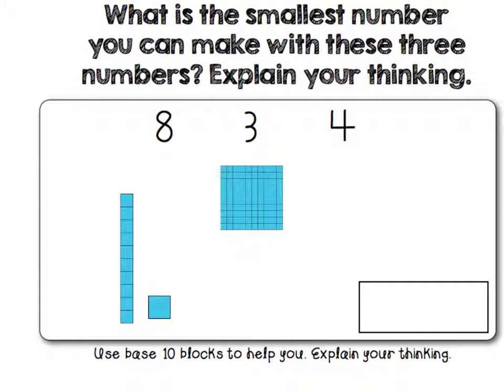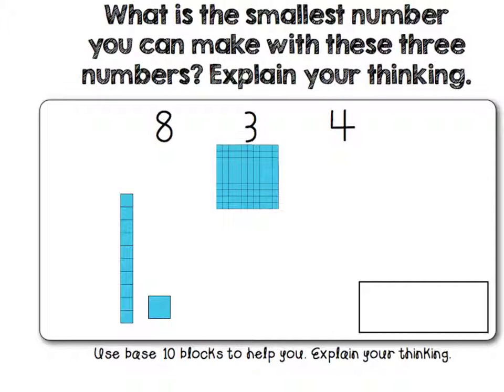Well, I'm going to look at these two numbers first. I'm going to predict that 3 is the right number in my hundreds place because it is the smallest number. To check that and make sure that I'm correct, I'm just going to count up my blocks. And so here's how I would do that.